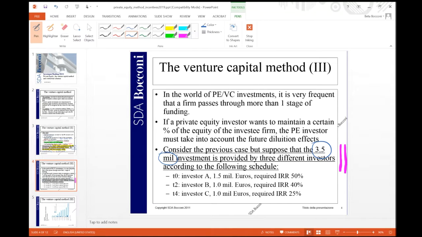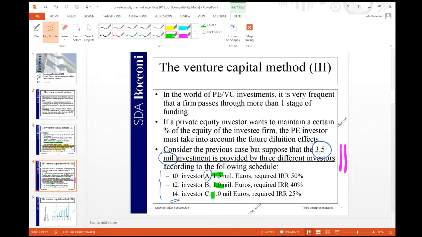However, we want to organize our fundraising in multiple stages. More precisely, the situation is the following. In our agreements between the first investor and the company, we say to the first investor, investor A, the most aggressive: listen, investor A, you know that I'm going to raise in 4 years' time a total amount of funding of 3.5 million euros.